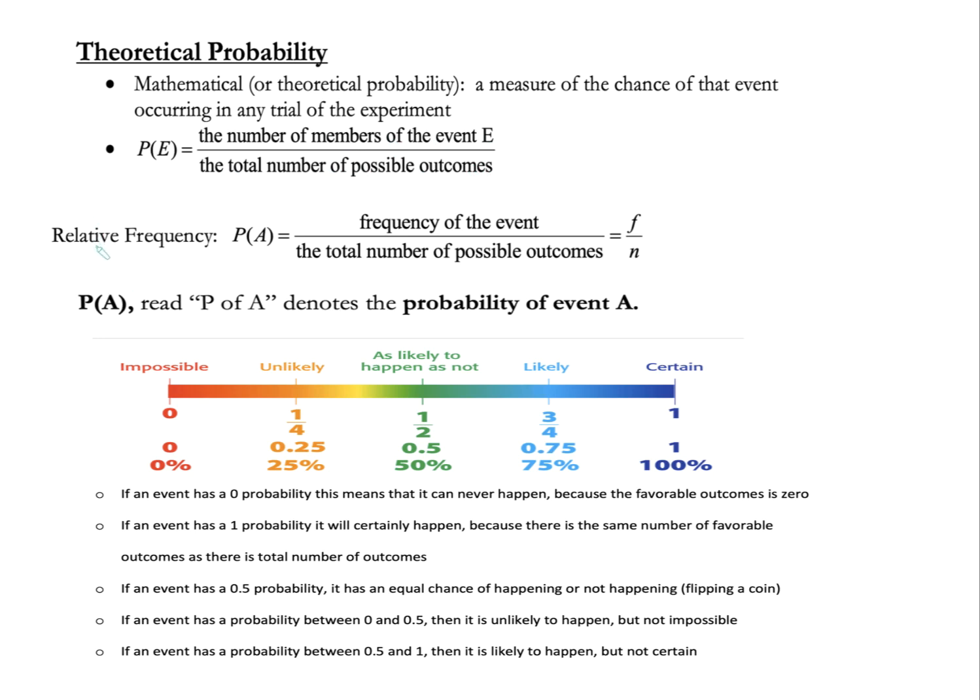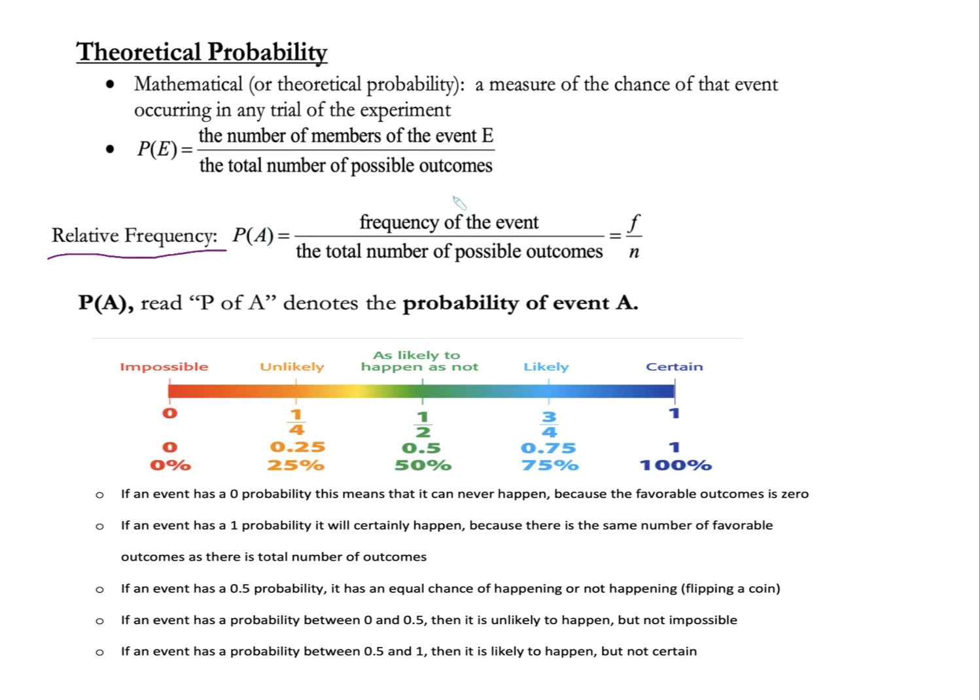Another type of probability you're going to see on the task test is called relative frequency. My students were quite surprised when they saw this word, relative frequency. Relative frequency is just experimental probability.